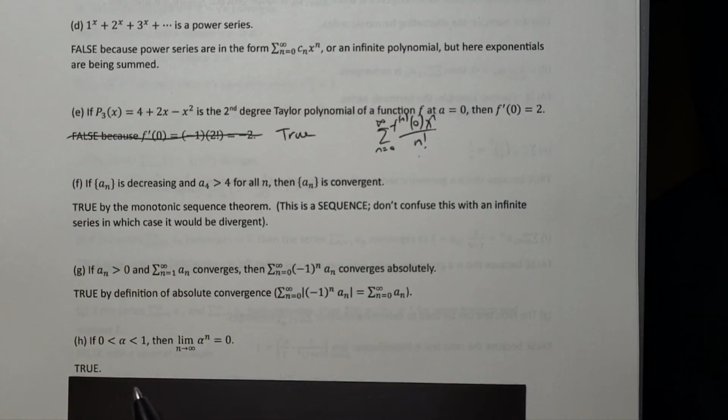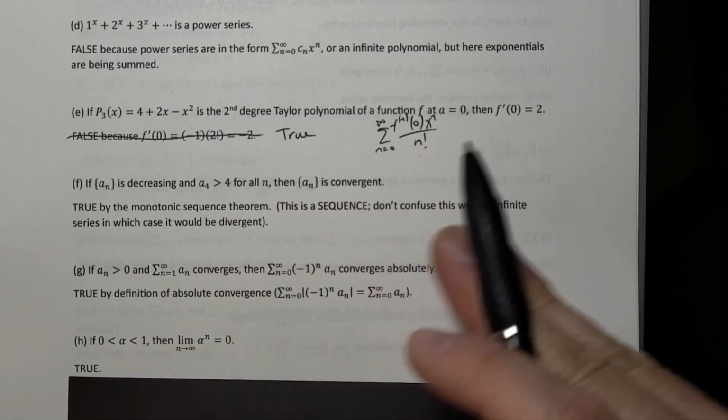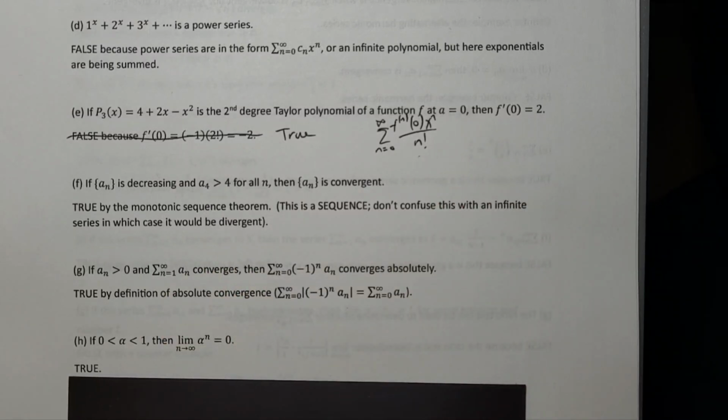Or from experience, if alpha is half, then for sure you keep halving, so it's getting smaller and smaller. Even if it's 9/10, 90%, if you keep taking 90%, it's getting smaller and smaller. So this limit is true. You can think of it like that as well if you want to.